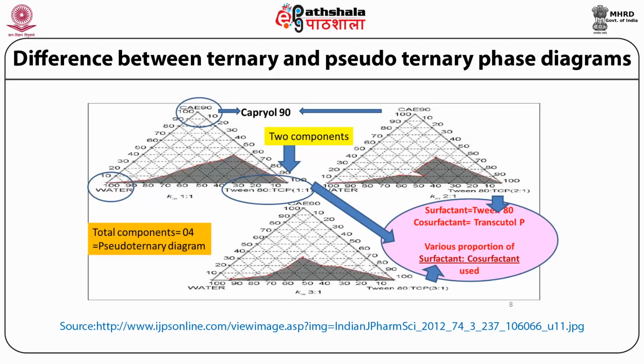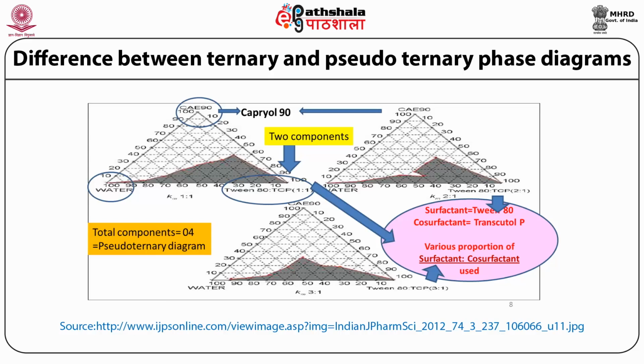In the second phase diagram, you can see in the C part of the Gibbs triangle, the proportion of surfactant to co-surfactant, that is Tween 80 to Transcutol P, is 2:1. In the third Gibbs triangle, the C corner is Tween 80 to Transcutol P at 3:1.